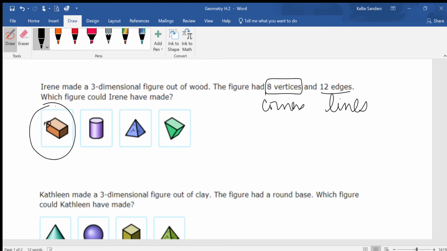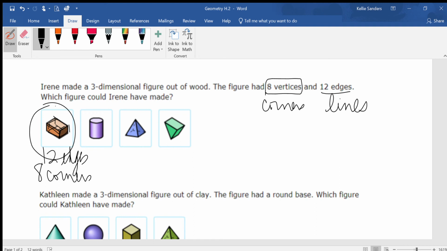It would have 1, 2, 3, 4, 5, 6, 7. There are 8 corners right there, so 8 vertices, and then 12 lines. 1, 2, 3, 4, 5, 6, 7, 8, 9, 10, 11, 12. And it has 12 lines, or 12 edges. Okay, so yes, it is going to be the rectangular prism.